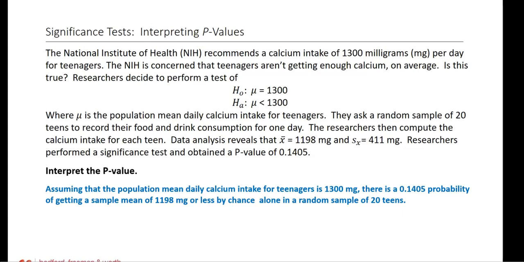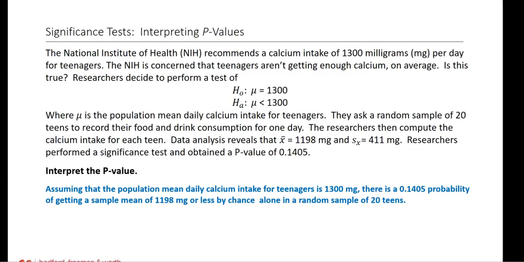So that first part's important, assuming that the null is true, assuming that 1,300 really is the mean daily calcium intake, there's a 14% chance of getting a sample mean of 1198 when you take a sample of 20 teens. So that's not that unlikely.